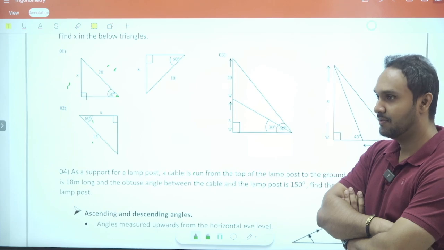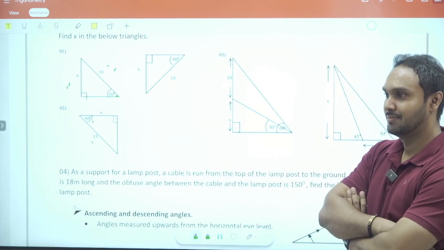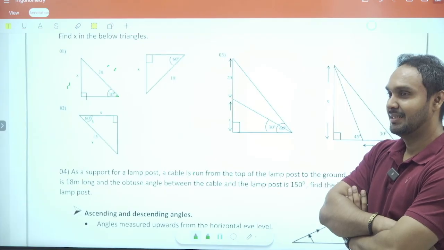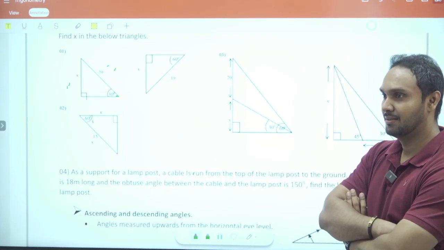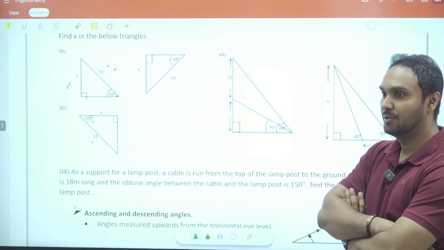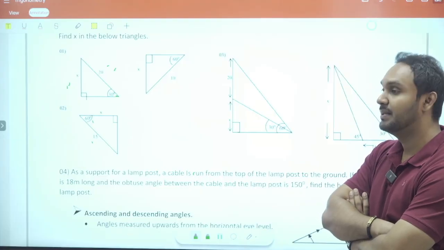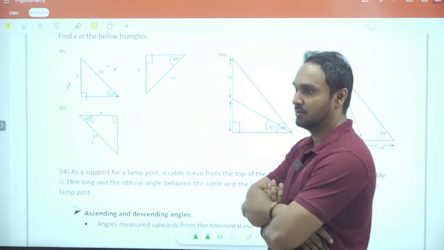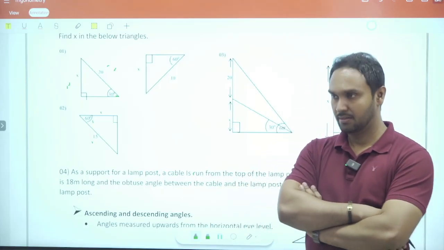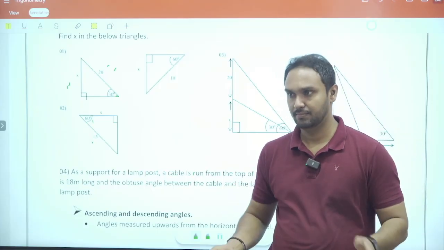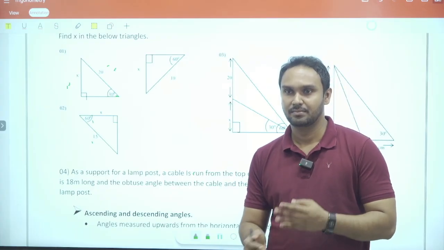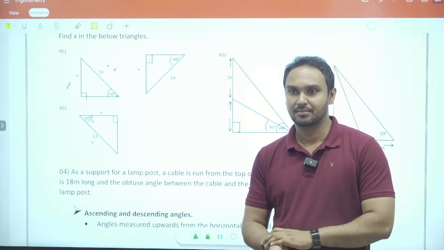Finish 3 of it. Super. Don't simplify the whole thing. Don't simplify it into decimals. Keep the answers in surds. That is enough. Surd is enough.